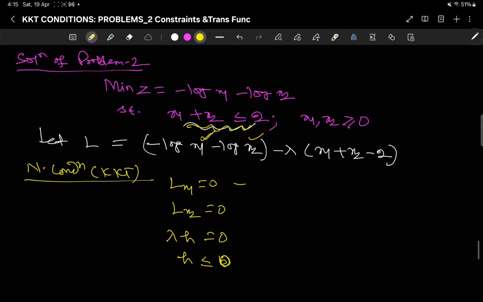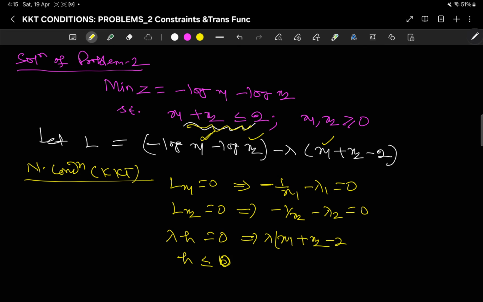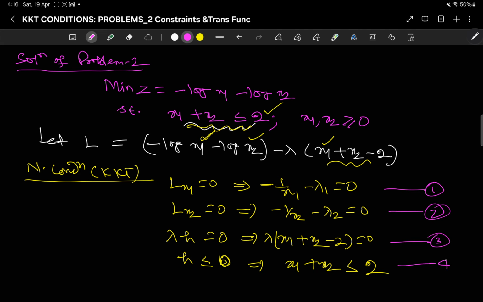If you differentiate, it is minus 1 by x1 minus lambda is equal to 0, and similarly minus 1 by x2 minus lambda is equal to 0. So lambda h is equal to 0 implies lambda times x1 plus x2 minus 2 is equal to 0. And x1 plus x2 less than or equal to 2. Let this be condition 1, this condition 2, this condition 3, this condition 4.